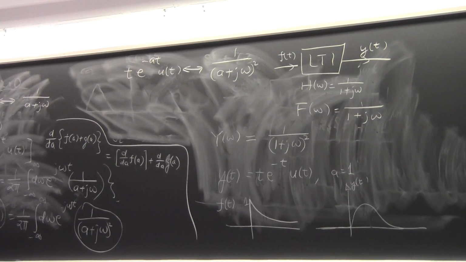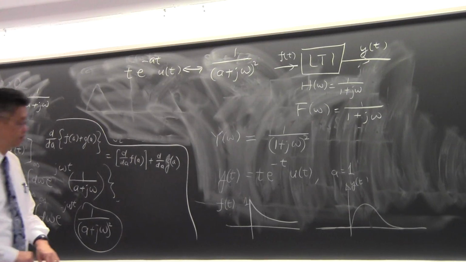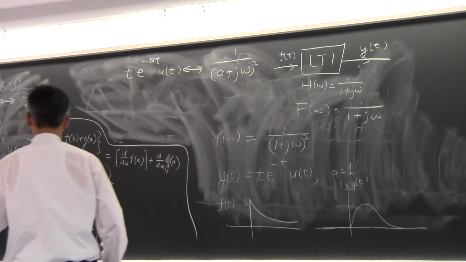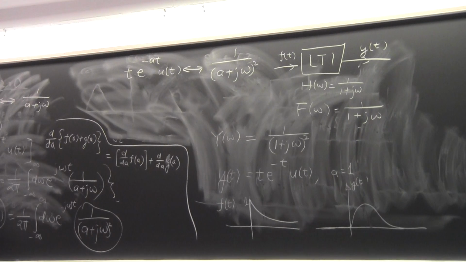But I have an identity that I have established over here, which is that without the derivative, this must be equal to that by the Fourier transform theorem. Now I want to get the left-hand side to look something like that, so I apply this derivative operator to the left-hand side. But I need to apply this derivative operator both on the left and the right-hand side.